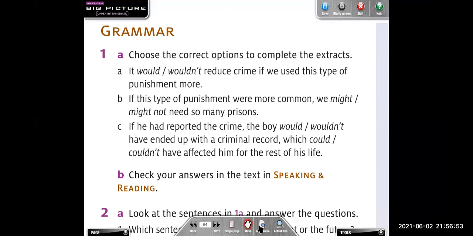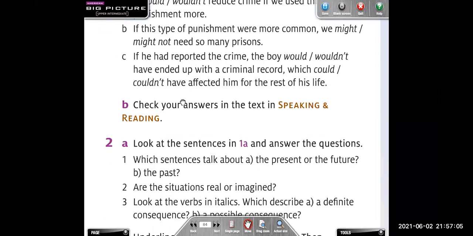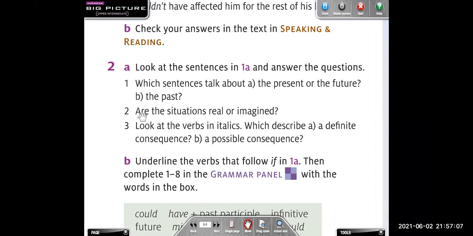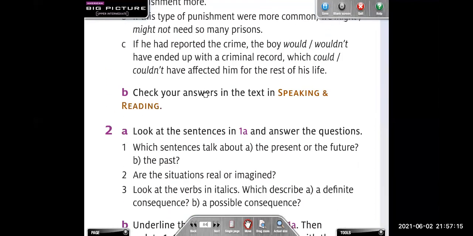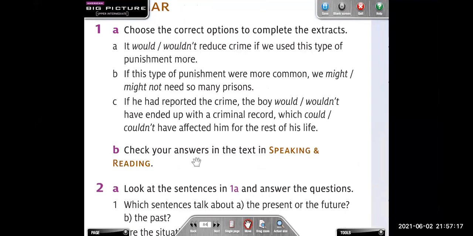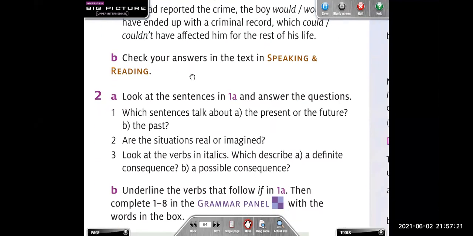A and B talk about the present and future, right? A and B about the present and future, and B and C about the past, right? Very good. Are the situations real or imagined? Imagined. All of them are imagined, right?